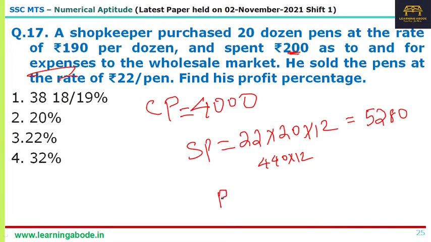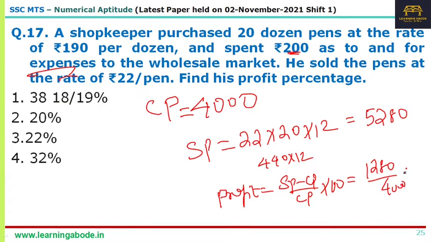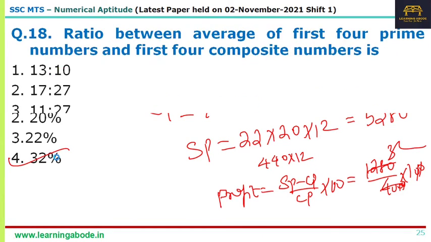Now the question is the profit percentage. Profit percentage is equal to selling price minus cost price upon cost price into 100. So selling price minus cost price is 1280, so 1280 by 4000 into 100, that's 32%. That's answer option 4. 32% is the answer for question number 17.